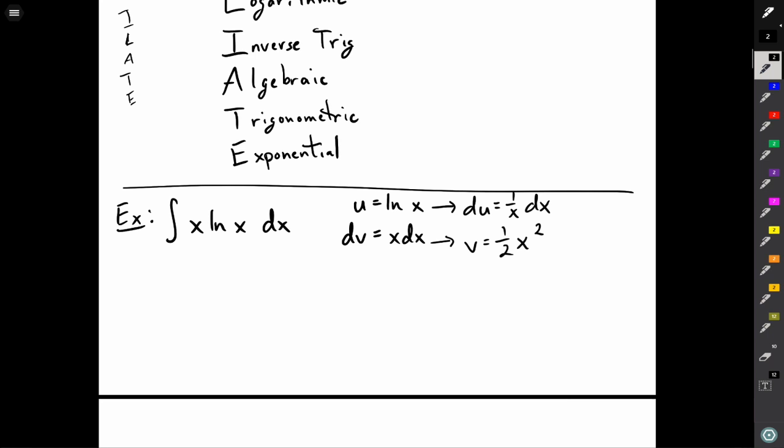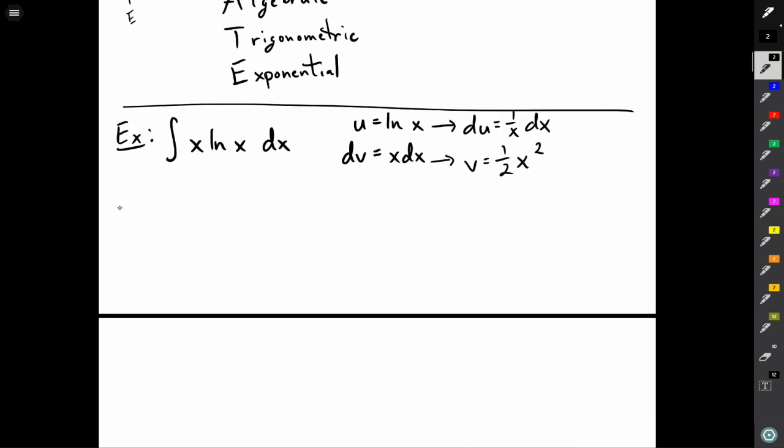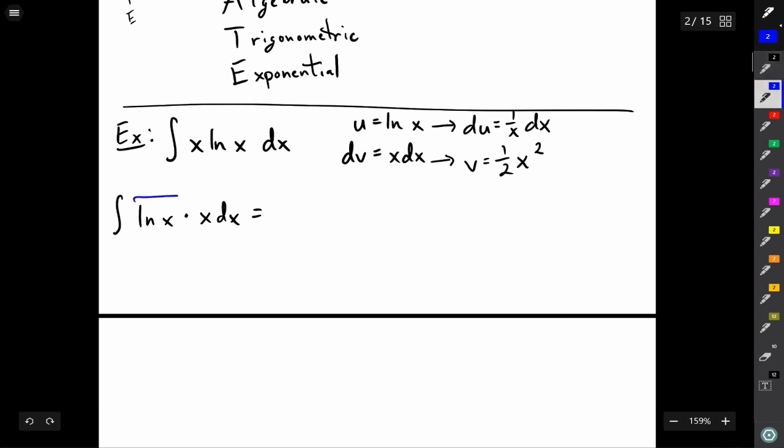Of course, if you add the c, it's just going to cancel itself out again. So we got our v and our du. Let me rearrange the integral a little bit: ln x times x dx. So this is our u and this is our dv.